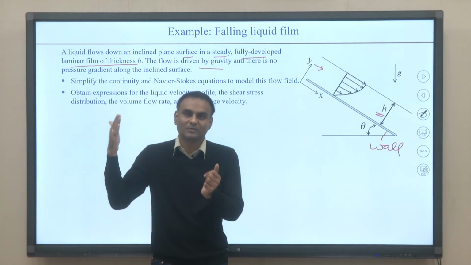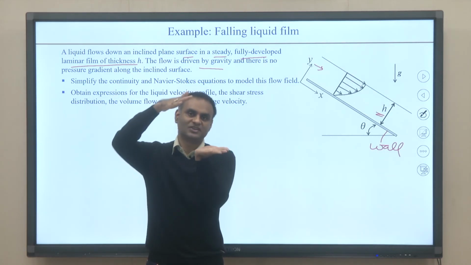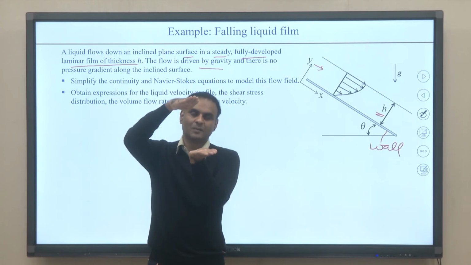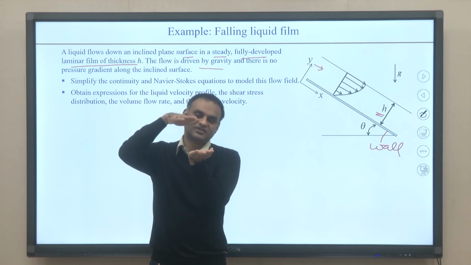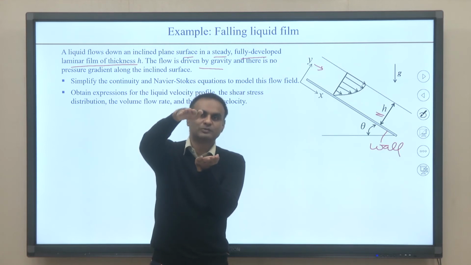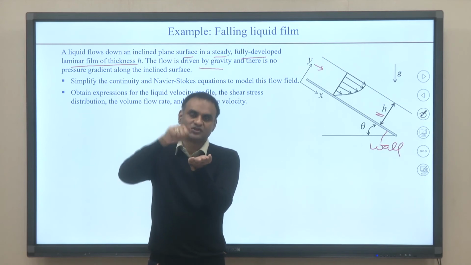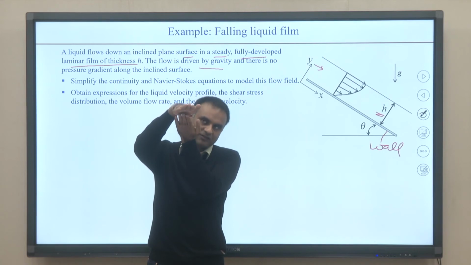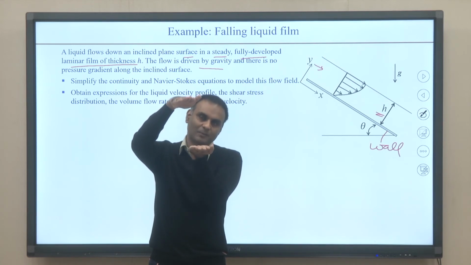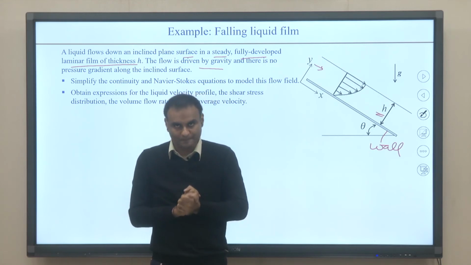Or one of the problems that we solve, which is called Couette flow. In Couette flow there is flow between two parallel plates, but there is no pressure gradient that drives the flow. The flow is driven because the upper plate is moved by a certain force and it has a velocity. So, if the upper plate is moving with the velocity u, the fluid layer next to it will also move with the velocity u.